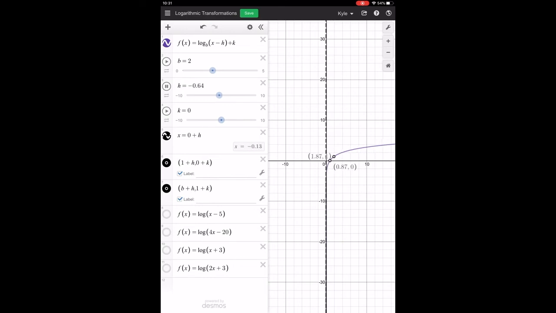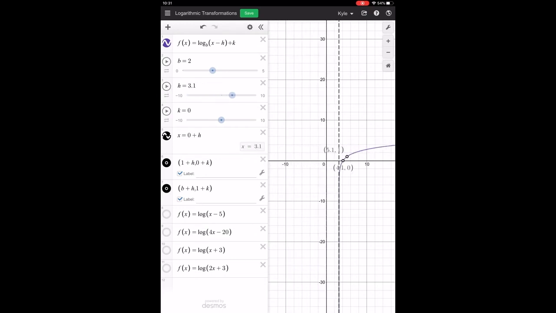If you plug positive values in for h, so you have x minus 2 or x minus 5, you move things to the right. If you plug in negatives, like here I have negative 5.15, that would be x plus 5.15. That moves everything to the left. So take a look and see how we're moving around. All that this h does is it controls the horizontal shift.